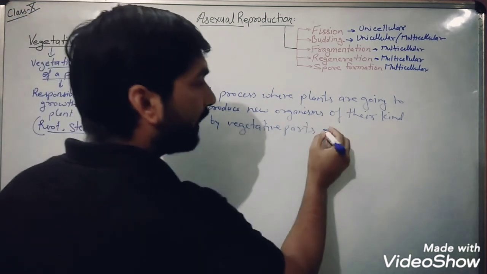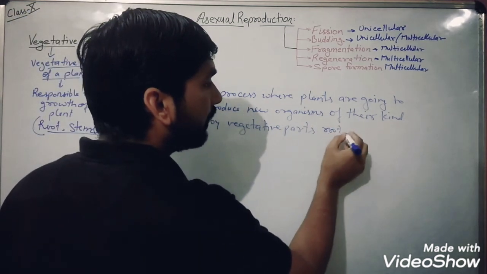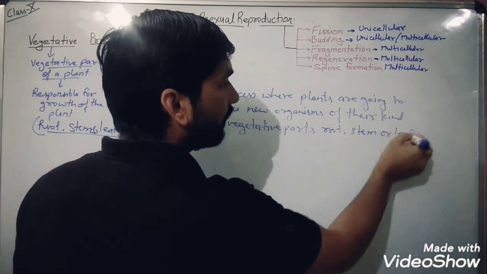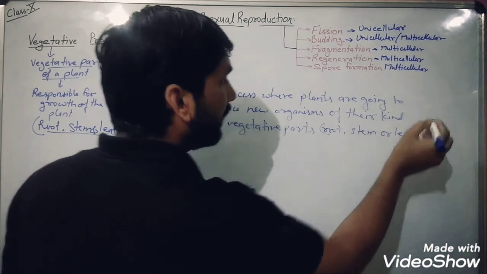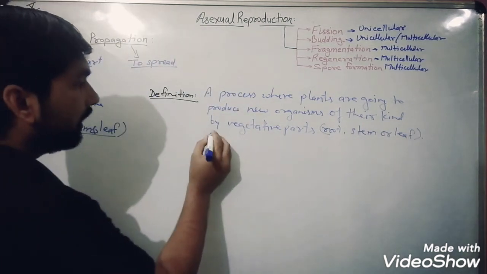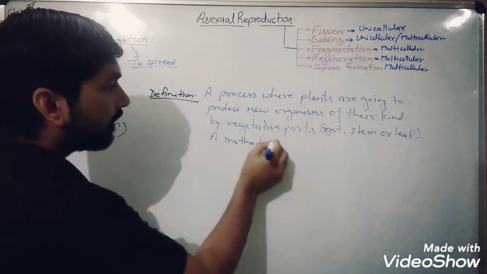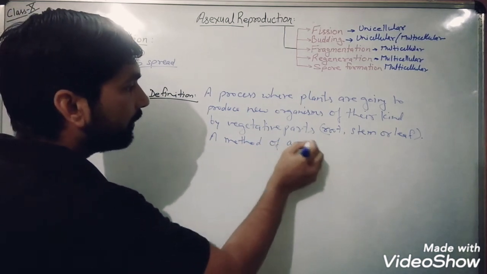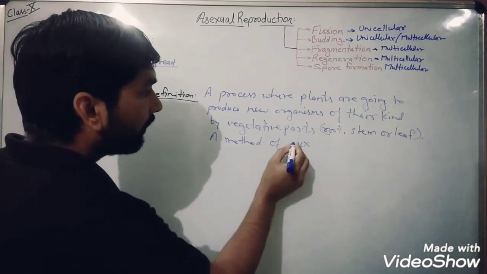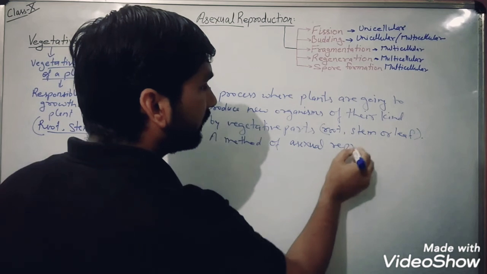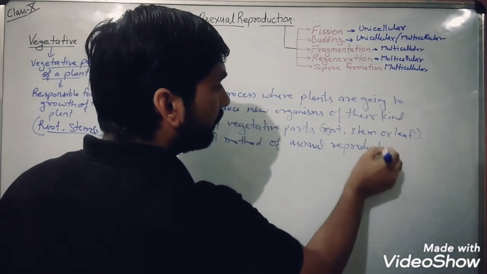And these vegetative parts are what? Either root, stem or leaf. And this is a mode, or a method, of asexual reproduction.